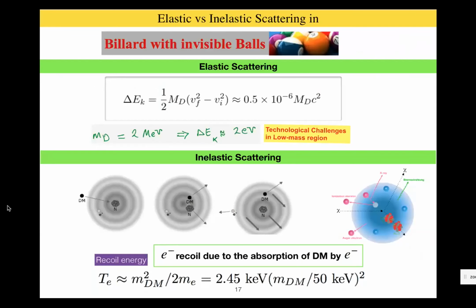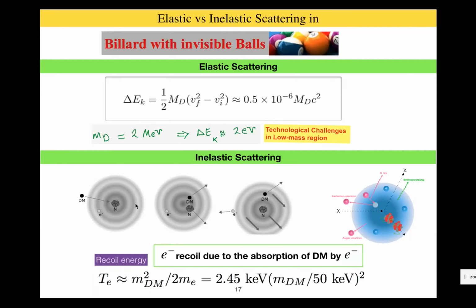So the point is, we have two kinds of scattering, as Gili explained to us in the talk before. We have elastic and inelastic scattering. You can see here in the elastic scattering, there is some energy change between the incoming and outgoing particle, which is the difference of the kinetic energy.